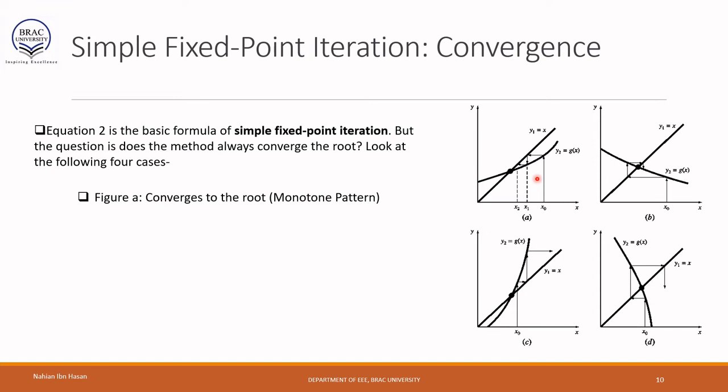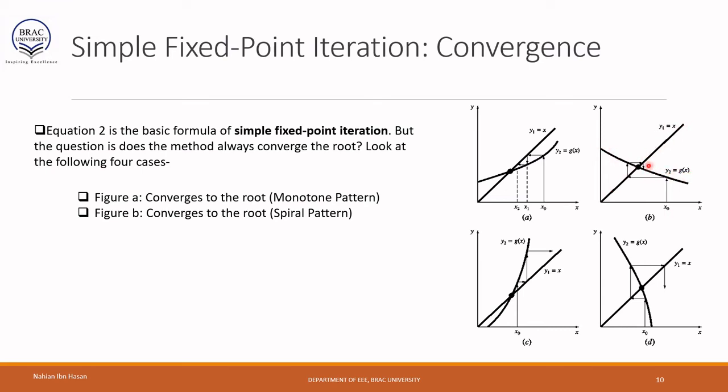This is also called a monotone pattern. That means it is gradually decreasing the error and converges gradually to the original root. For the second case, figure B, we have y equal to x similar to the first case, and we have a separate g of x.